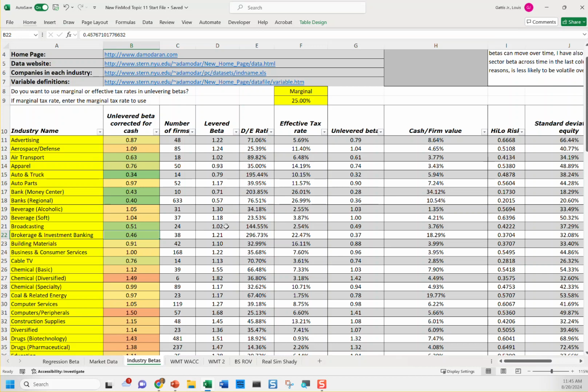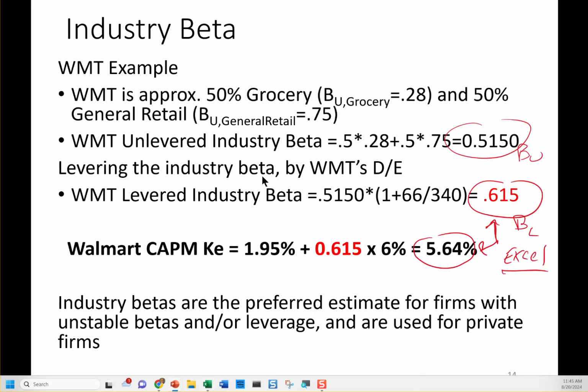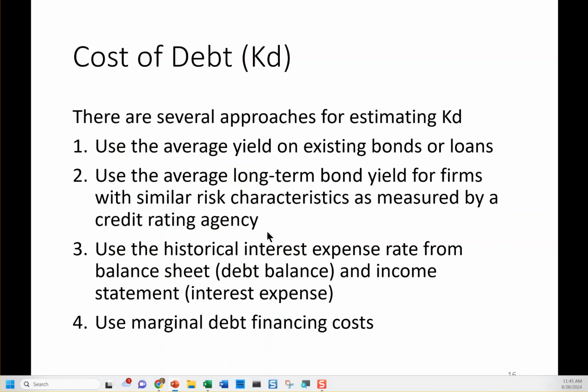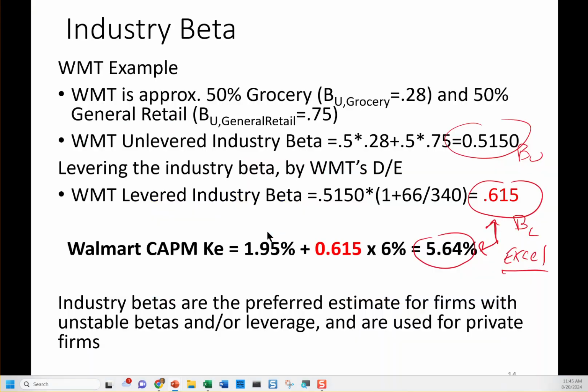So how could I estimate a beta using industry betas for Walmart? Well, Walmart's a little bit interesting in that it's a discount retailer, but it's also a grocery store. So at the time I looked, Walmart gets about half their revenues from groceries and half from general retail.